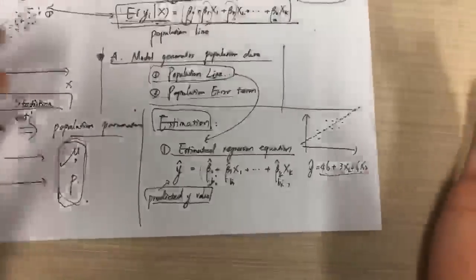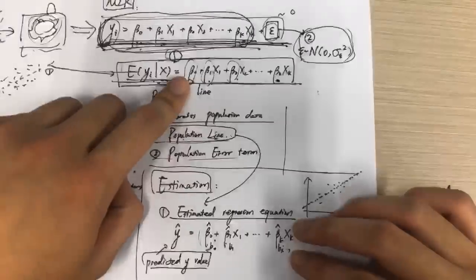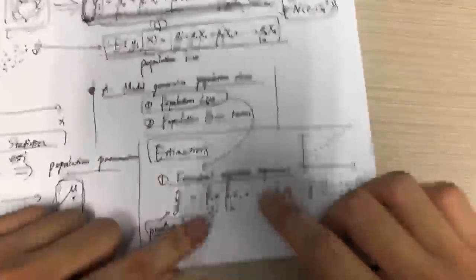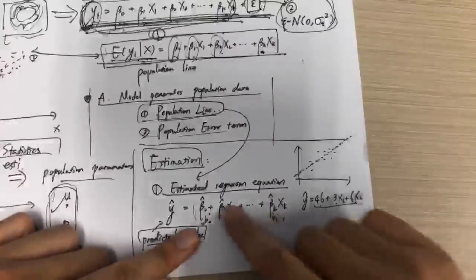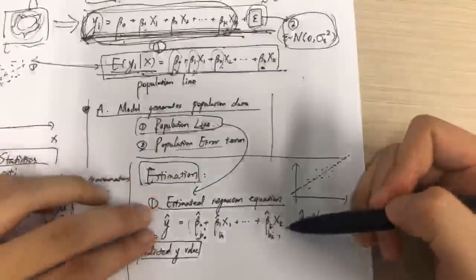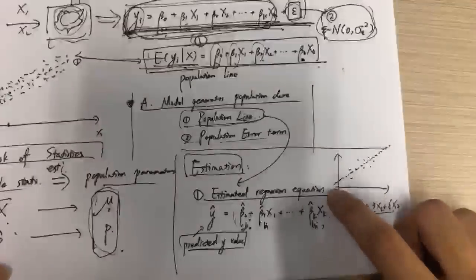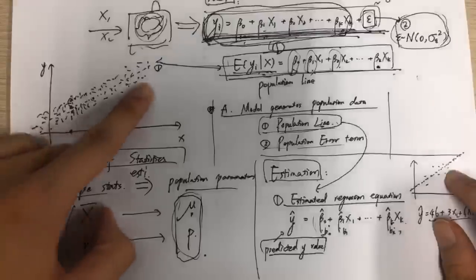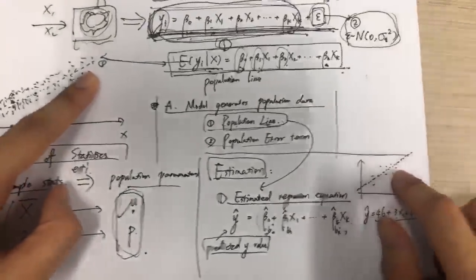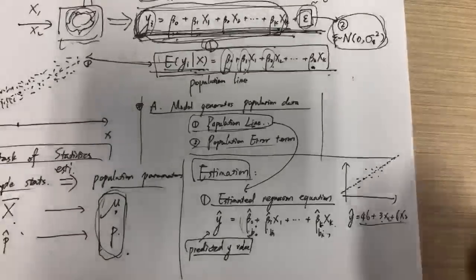It doesn't matter. It's just a notation difference. But you shouldn't use beta anymore here. Also this one shouldn't include the error term, because this is the estimation of this straight line only. So the sample line is used to estimate the population straight line.